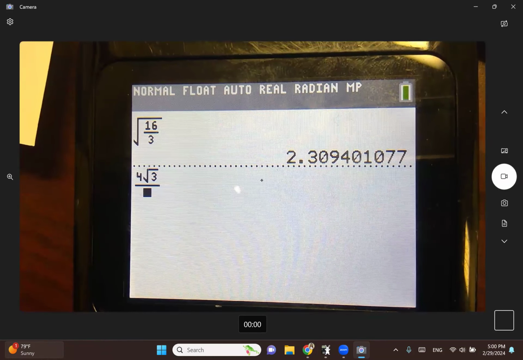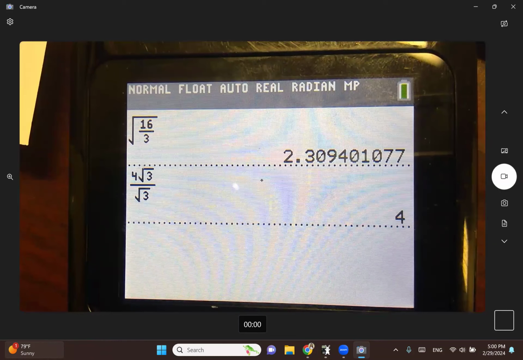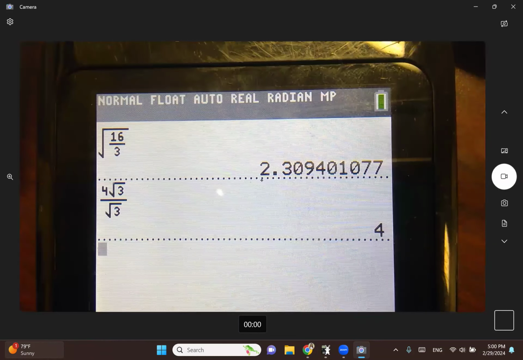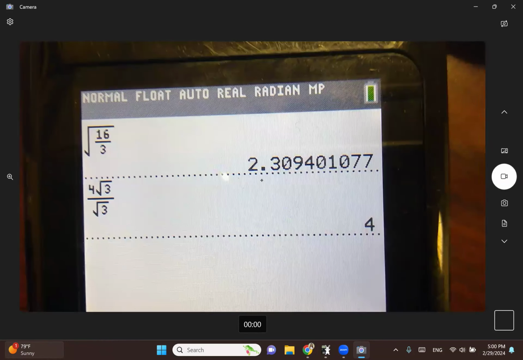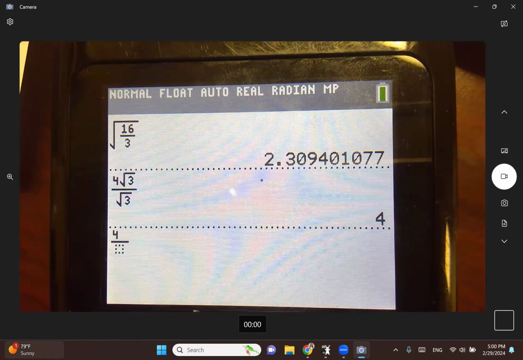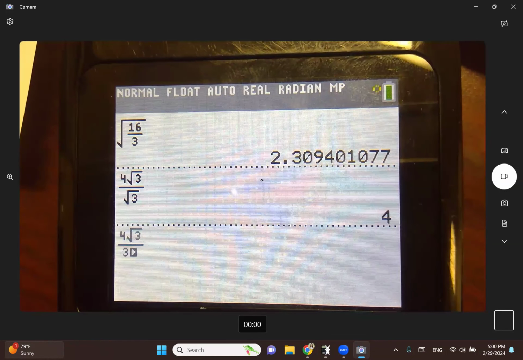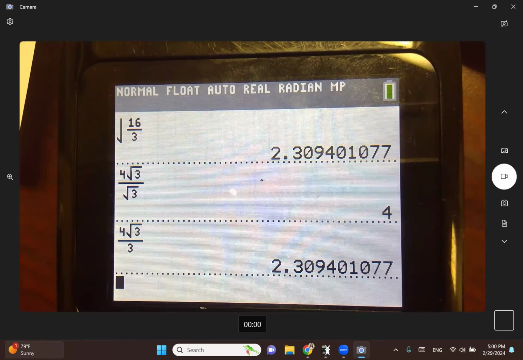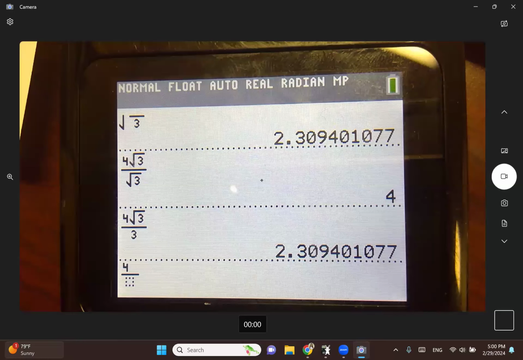Now answer choice A is 4 square root of 3 over 3 over the square root of 3. And that gives me 4. Those two do not match, so that is not my answer. Answer choice B is another fraction, but this time it is 4 square root of 3 over 3. And notice how the decimal does match. In C, your answer is 4 over 3.